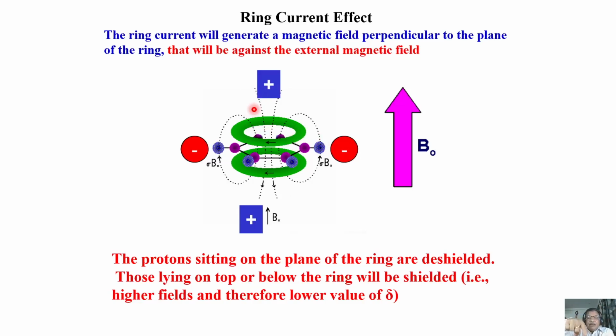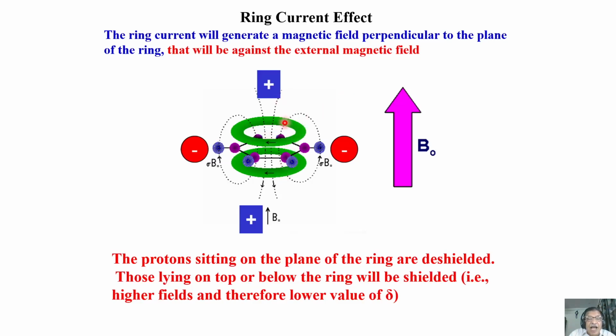Starting from the middle of the plane of the benzene ring, the lines of force start emanating like this and come back. So now you have it. If you understand more about the benzene ring current, which I don't want to go into in detail, you will understand there are de-shielding and shielding zones.